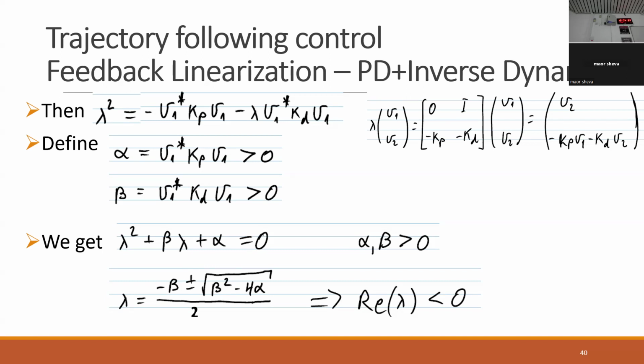So now I have a quadratic equation with lambda as the unknown. And I can solve it as I solve a simple quadratic equation. So I have minus beta plus or minus the square root of beta squared minus 4 alpha, everything divided by 2 times 1.